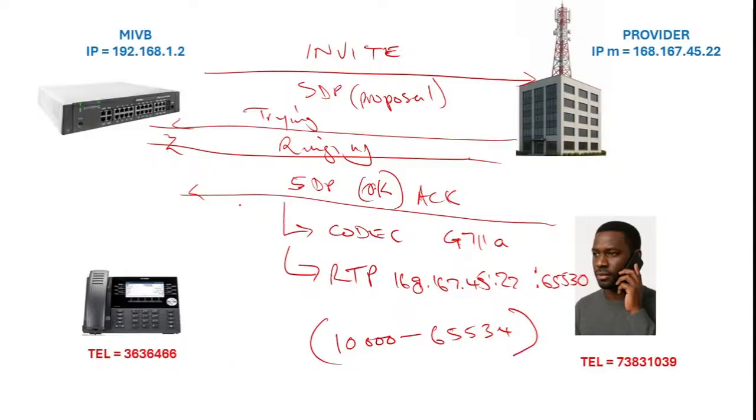So when this has been done, the SDP has been negotiated and agreed upon to say this is what is going to happen. We are going to go to this next step.